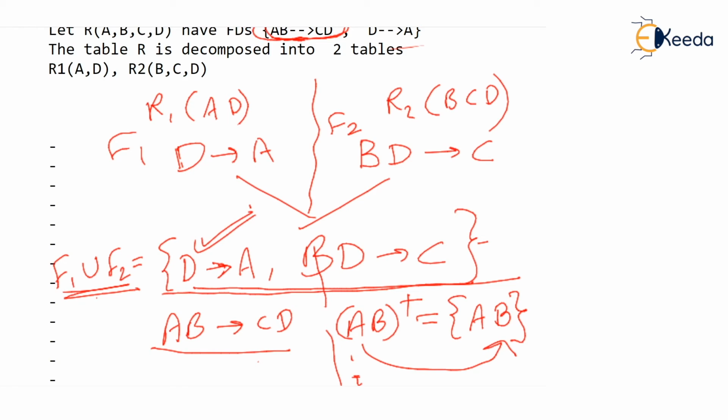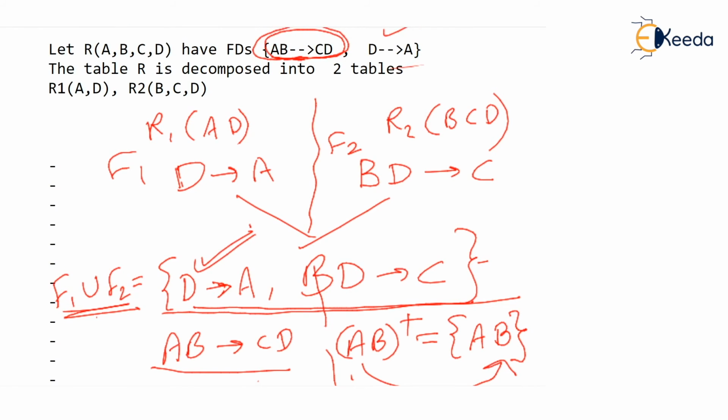That means the first dependency given in our original table is not satisfied, but the second dependency is satisfied. What that means is this decomposition is lossless. We saw that the common attribute is there and it is the candidate key of R1. D is the candidate key of R1, but this decomposition is not FD preserving.